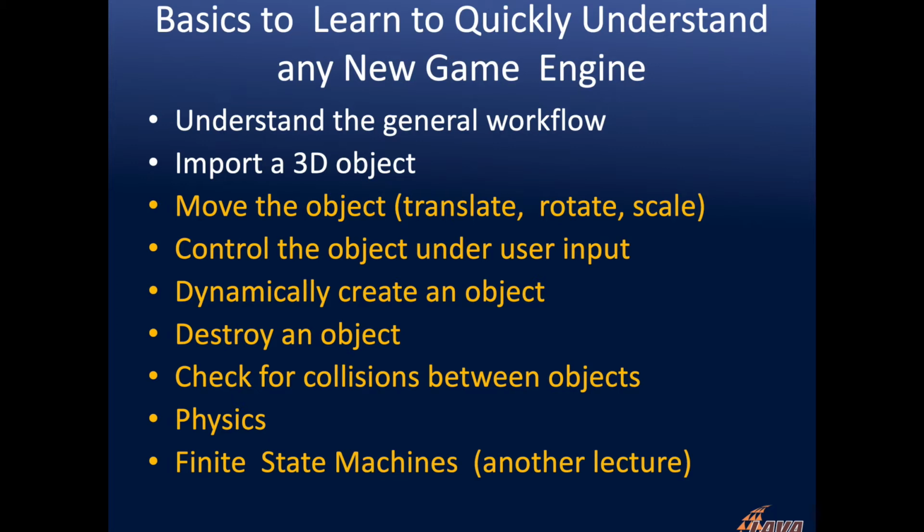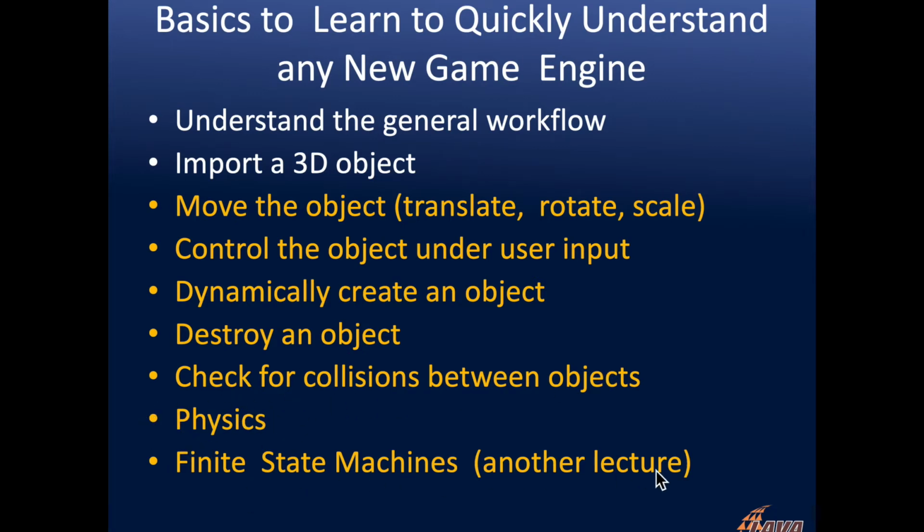This is what we're going to try and cover. We already covered understanding the general workflow. Importing a 3D object, I'll point you to another video to look into. But what I'd like to introduce you to is how to move the object, translate it, in other words, position it, rotate it, scale it, control the object under user input, dynamically create an object, destroy an object, check for collisions between objects, and some physics control.